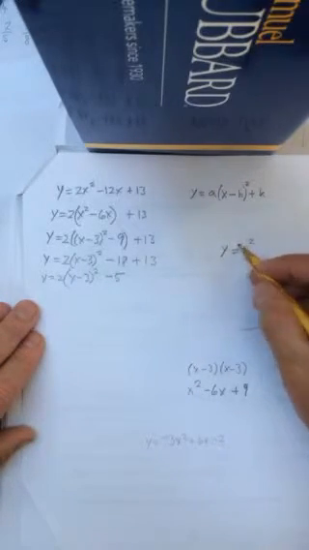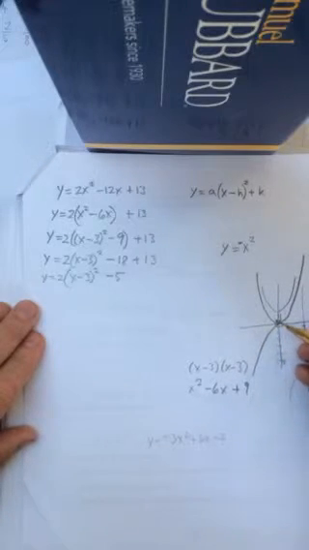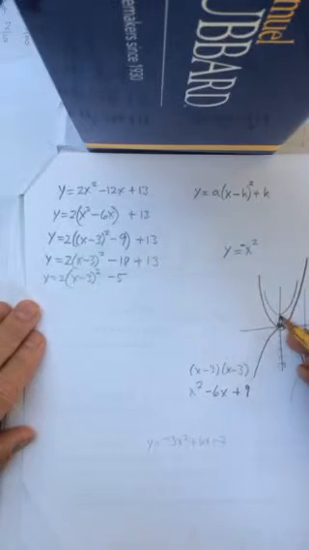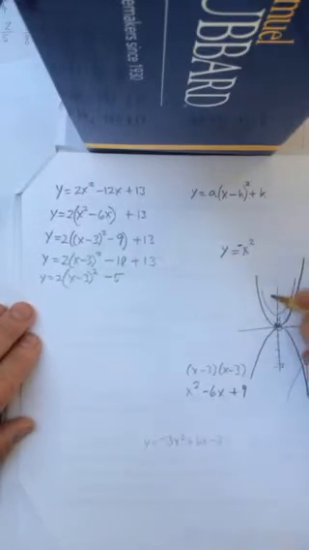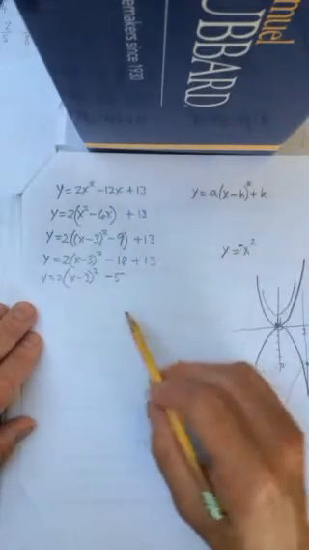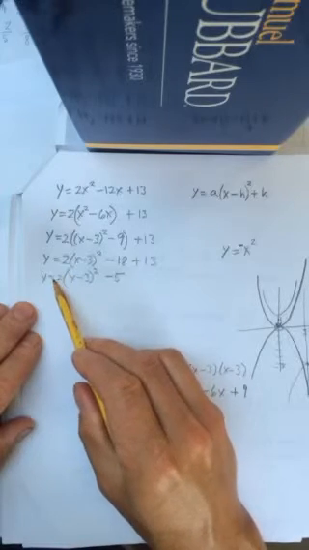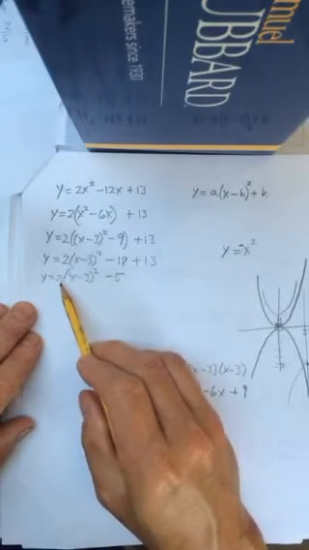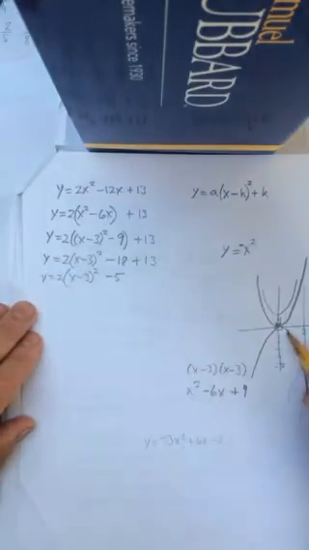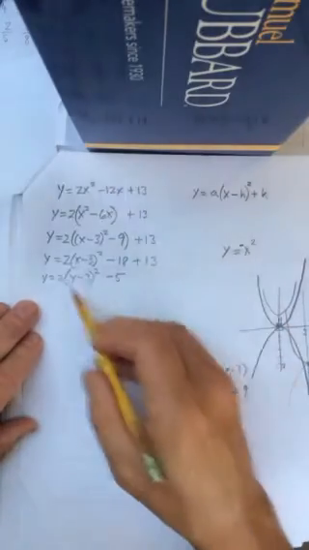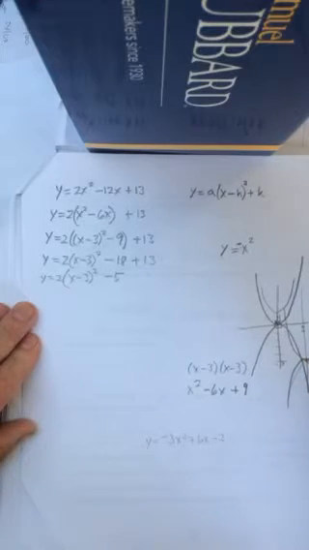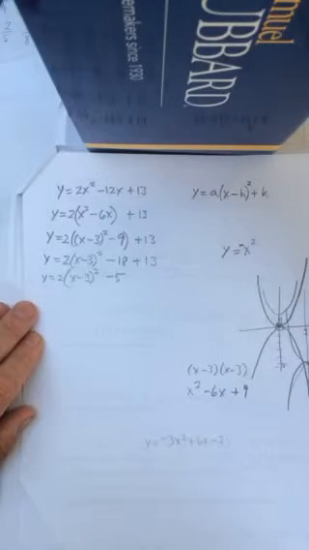If this is negative, then it's going to go like that. Everything's the same, except it's the negative version of the same thing. And so, since this coefficient over here is positive, it's going to be this kind that opens upward. If that was negative, then it would be that.